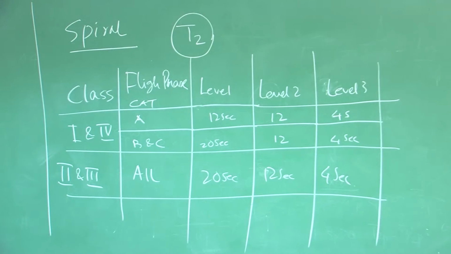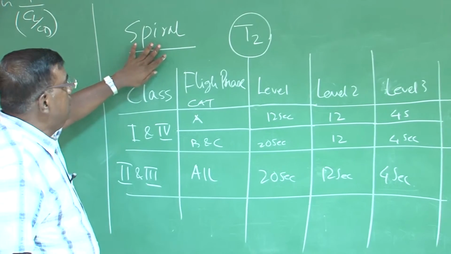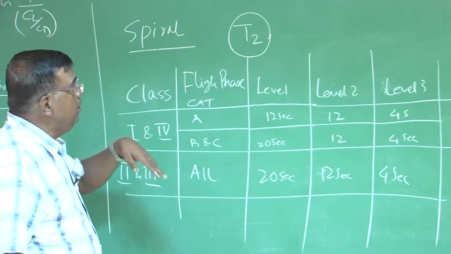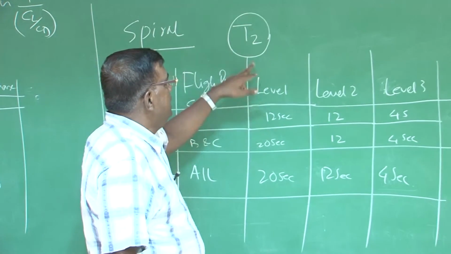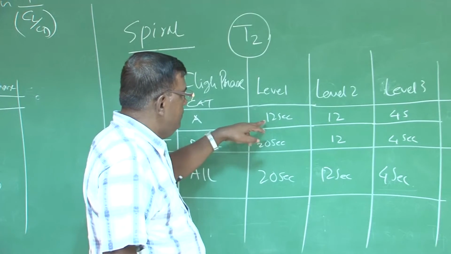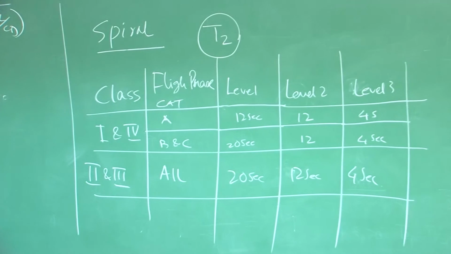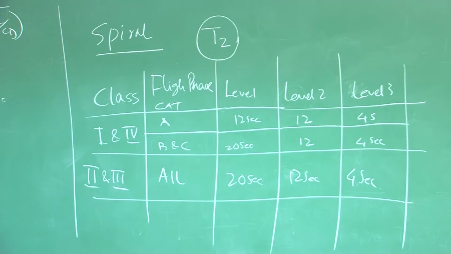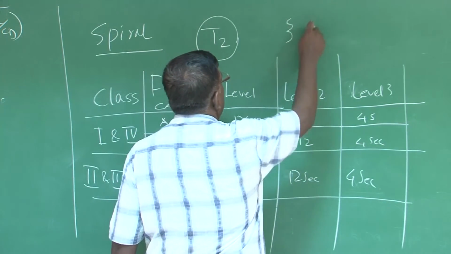Right? And you could see when I'm giving a guideline to the designer to ensure the handling qualities as per level 1, level 2, level 3, what I'm telling the designer is: ensure that if you want level 1 performance, then time to double should be of these values for category 1, category 2, category 4. And when I am talking about time to double, I am talking again in terms of zeta and omega n.